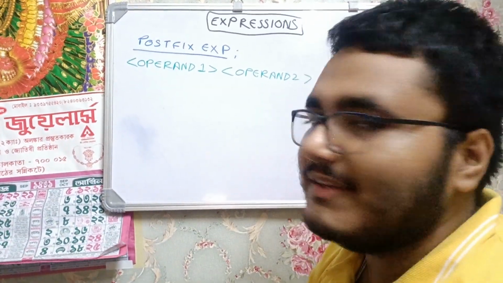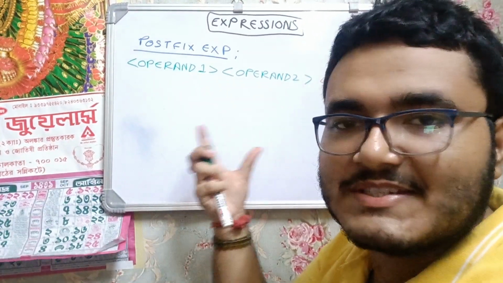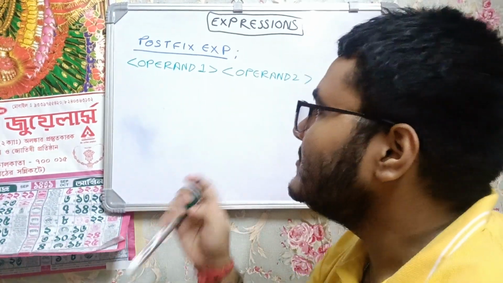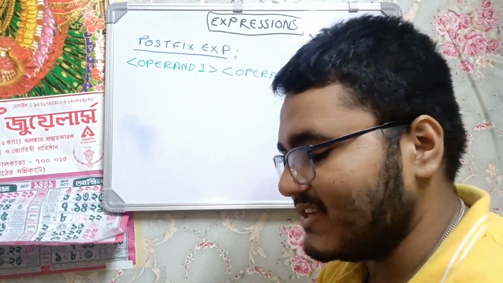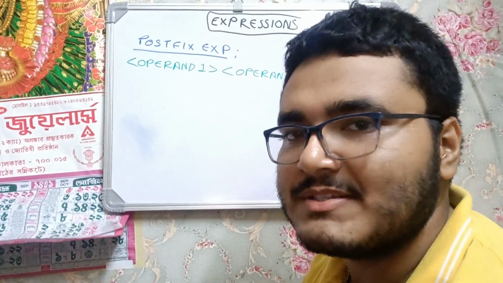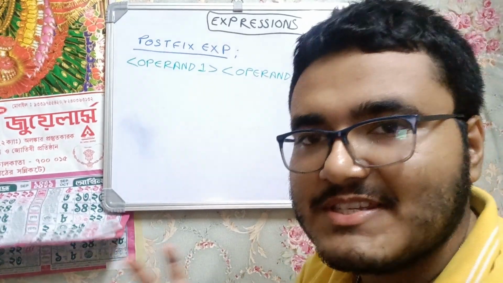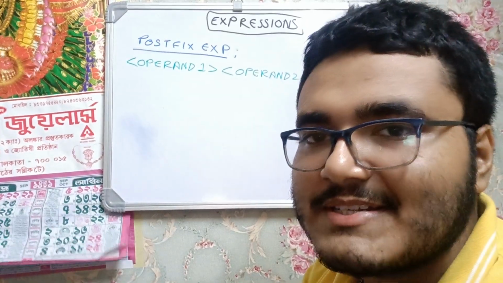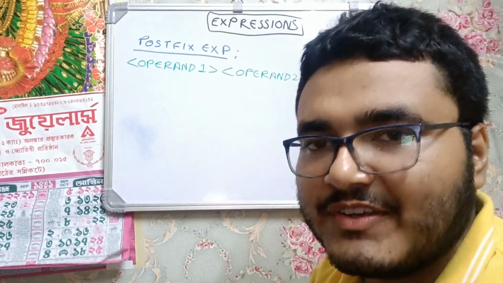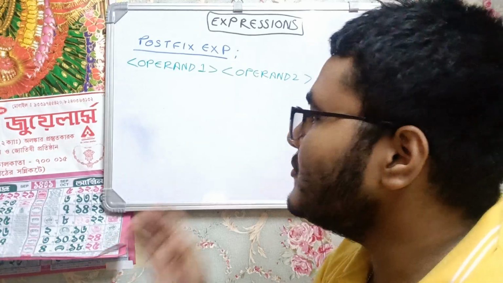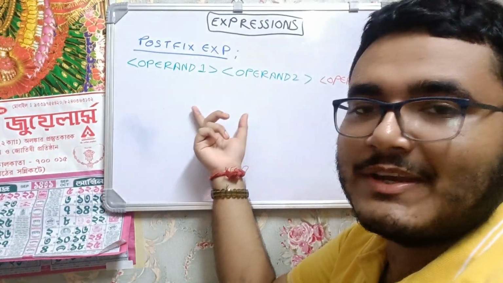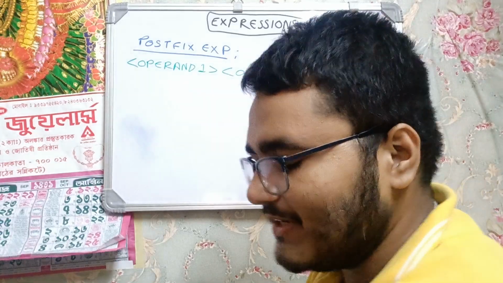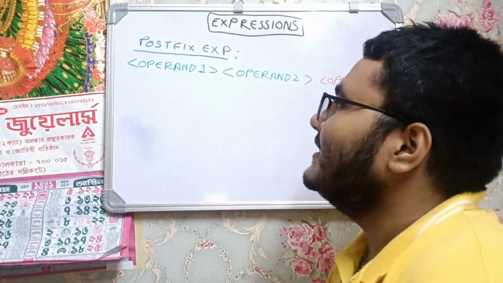Now you may be thinking, what is the requirement of this kind of expression? Infix expression was quite easy. So infix expression is actually easy for us, the human beings, right? But it is tough for our systems to decode the infix expression, right? So our system is very much comfortable with this postfix expression, and another form, that is the prefix expression.